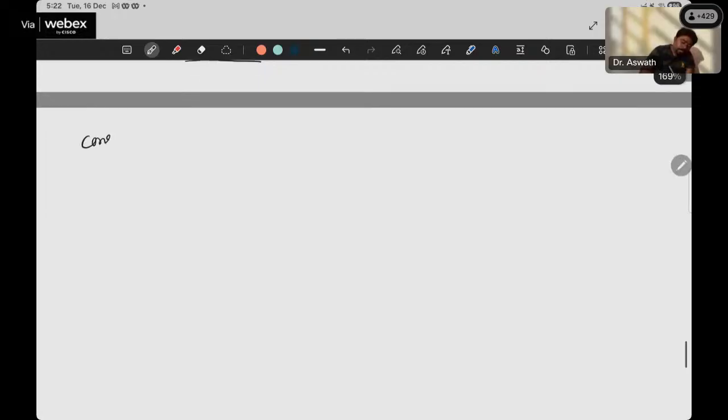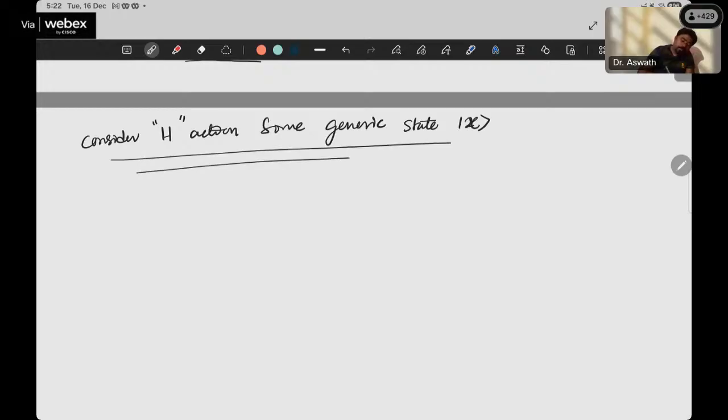So what I mean is, you just take Hadamard, consider Hadamard H action on some generic state X. So H is acting on X. Now unless I know what X is, I can't find out what the result would look like.